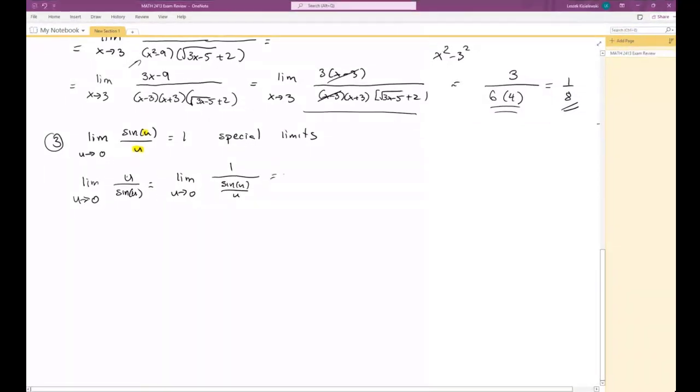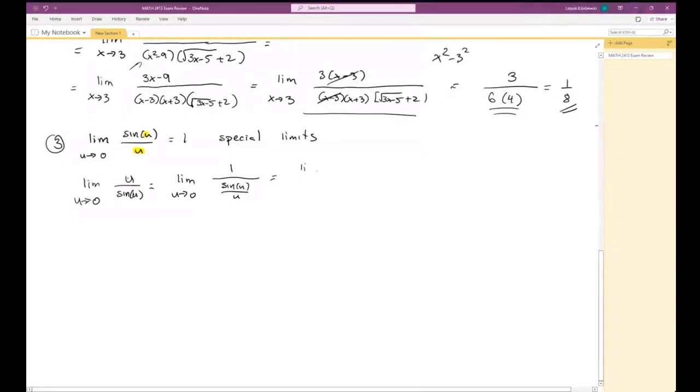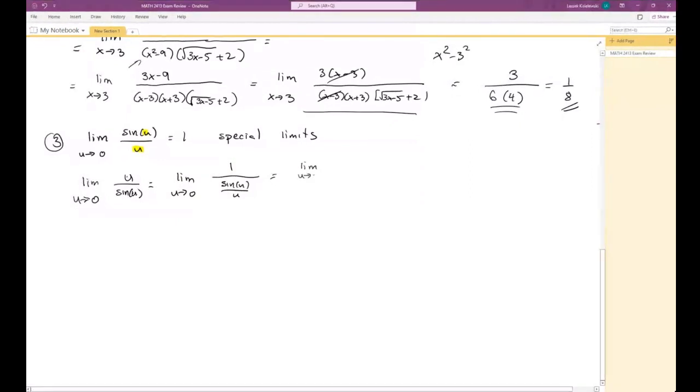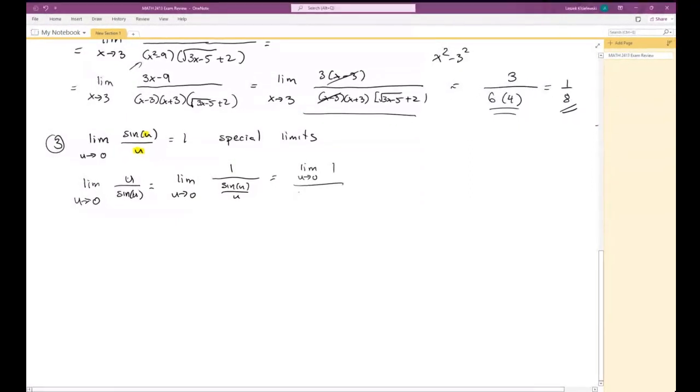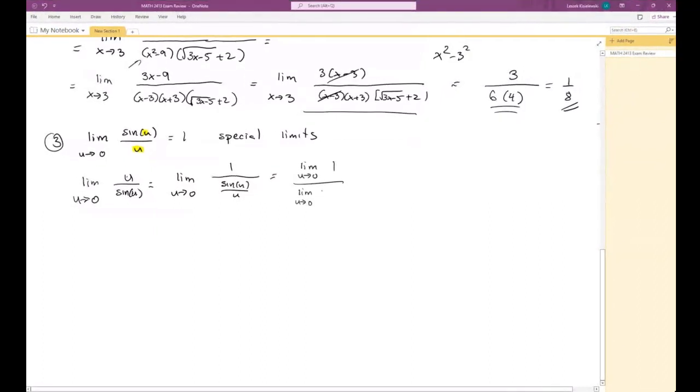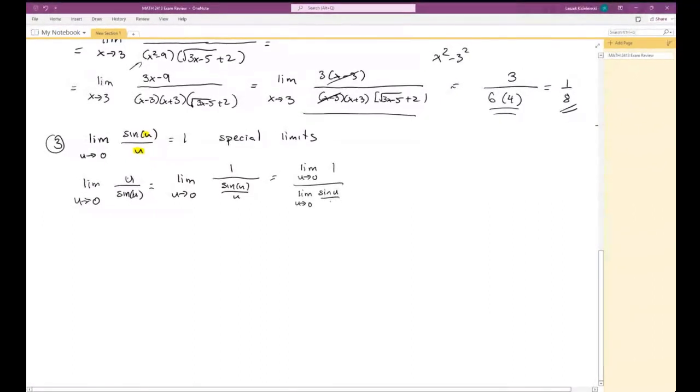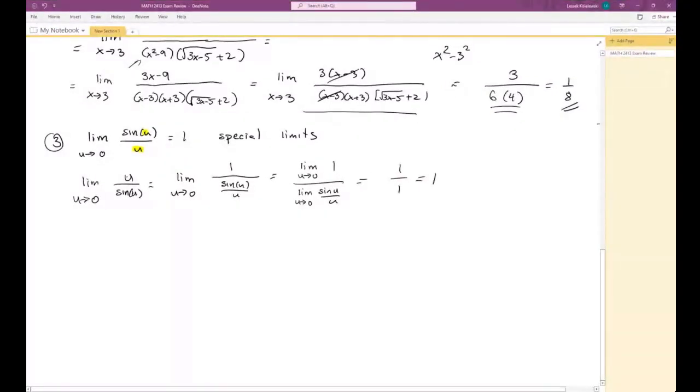And now by our limit rules, we can just take the limit of the top and the bottom, as long as the bottom doesn't go to 0, obviously. But by our special trig limit, it doesn't. We just get 1 over 1. So that's also good to notice that even if the sine is in the denominator, as long as you somehow force the argument of our sine function in the numerator, we still have our special trig limit.